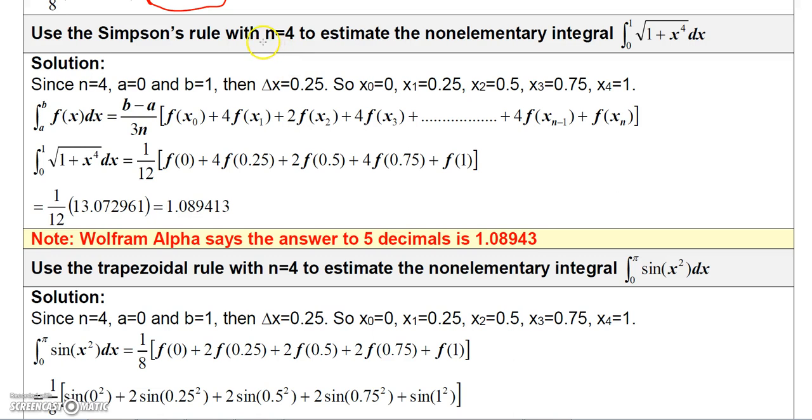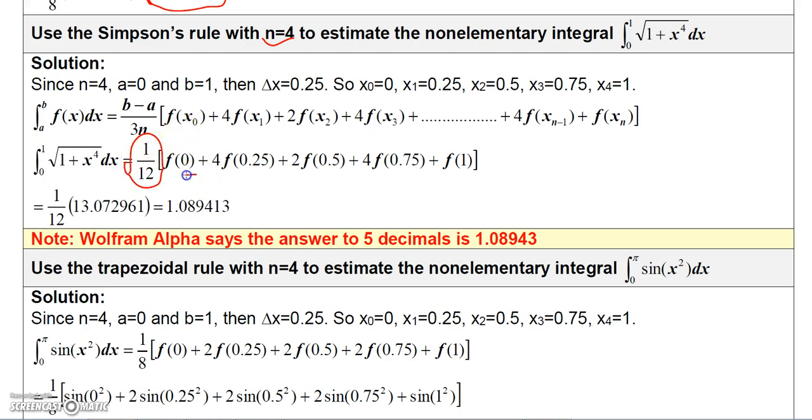Now if we do the same problem with Simpson's rule with n equal 4, then basically we still have n equal 4, a is 0, b is 1. The x values are still the same, 0, 0.25, 0.5, 0.75, and 1. The difference here is I would have b minus a over 3n, so that would be 1 minus 0 over 3 times 4, which would be 1/12.